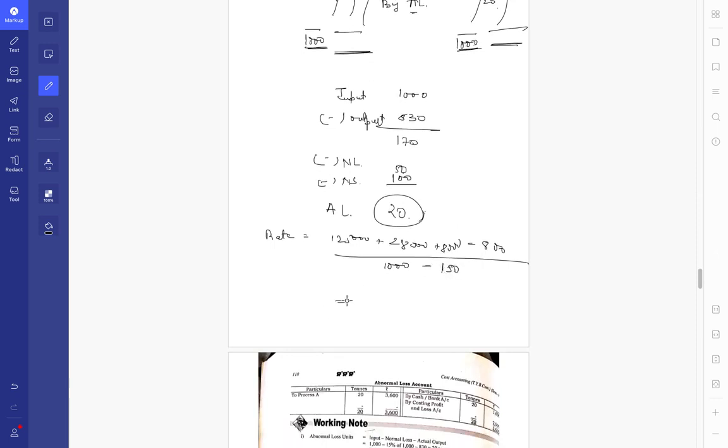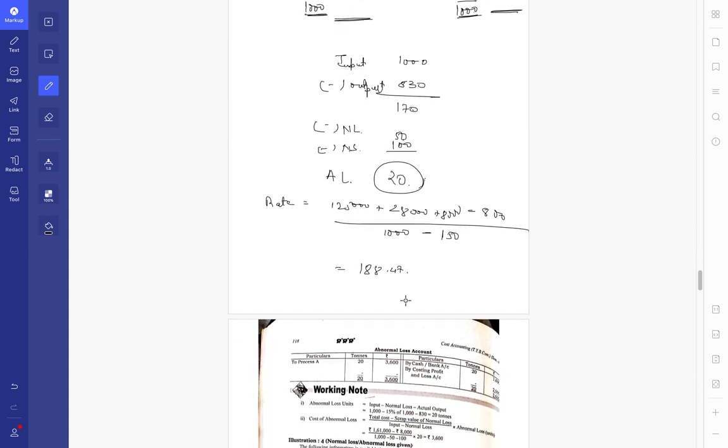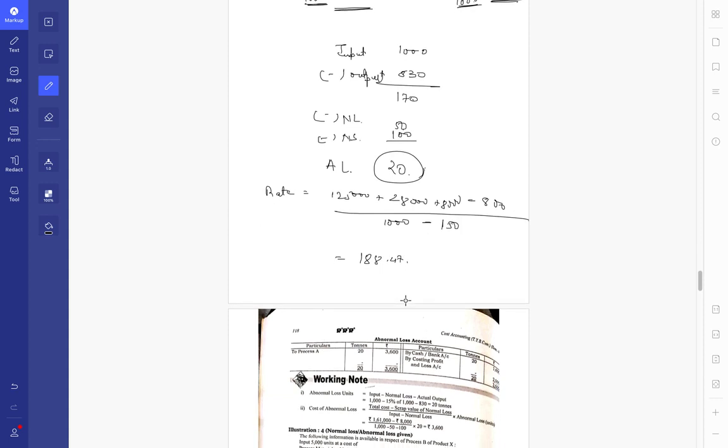Now totaling this is 125 plus 28,000 plus 8,000 minus 800, divided by 850, would give us rupees 188.47 as our rate.